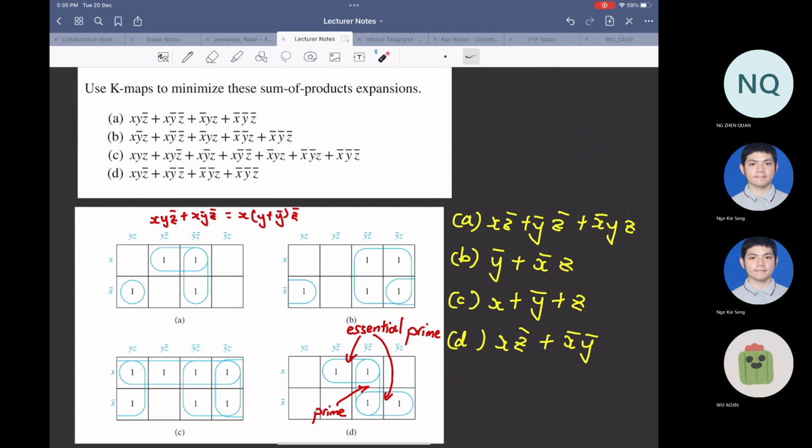And then you combine these two, you will get S bar times Z because they differ in Y. Make sense?